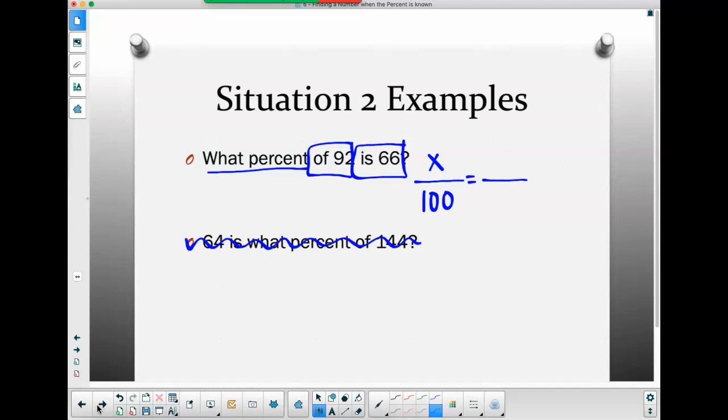The bottom, right? It says of 92. So 92 goes on the bottom, which means 66 goes on the top. So 66 times 100 divided by 92, you get 71.739. We want to round to the nearest tenth, so 71.7%.